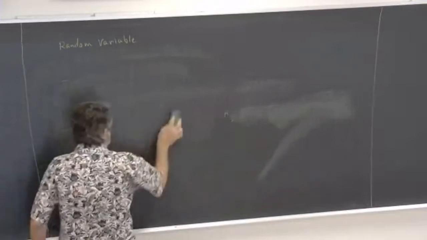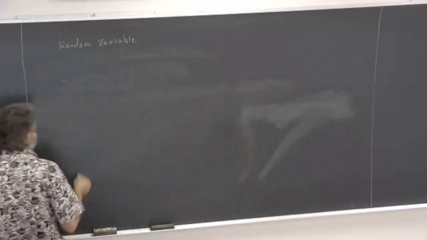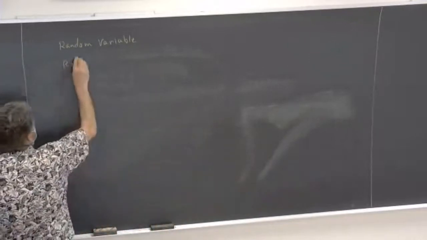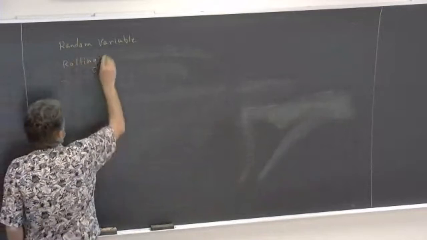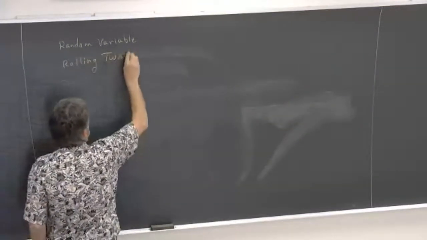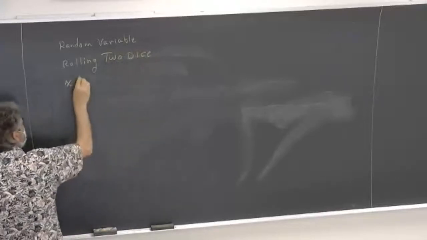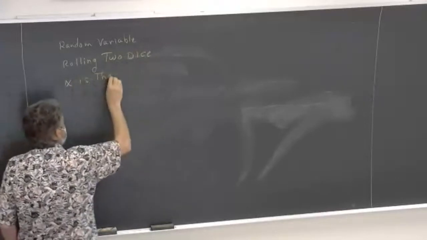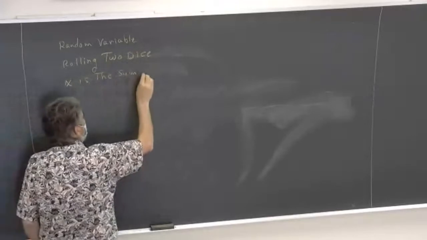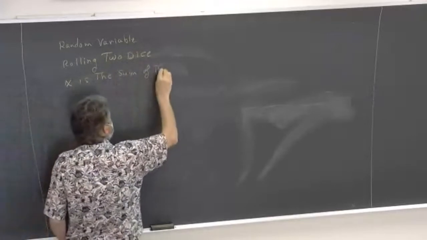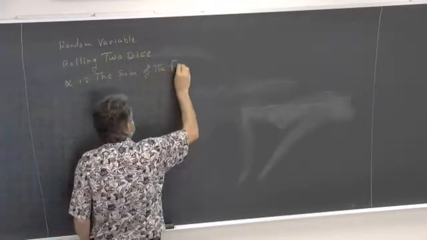Let's say we roll two dice. And then X is the sum of the face values.